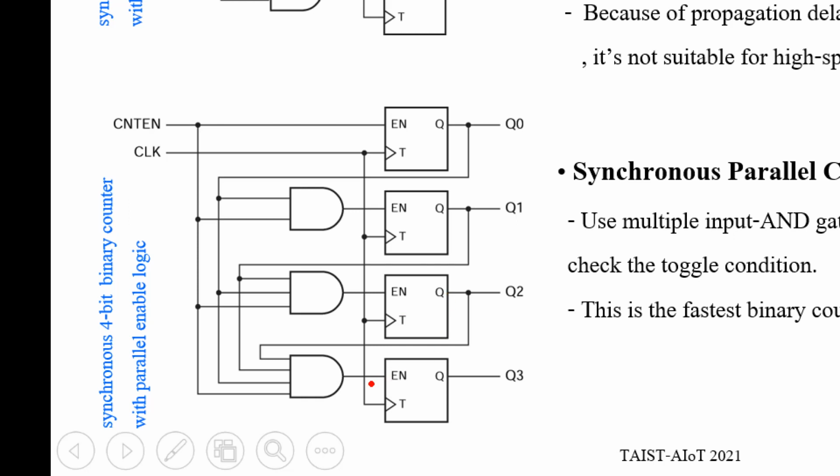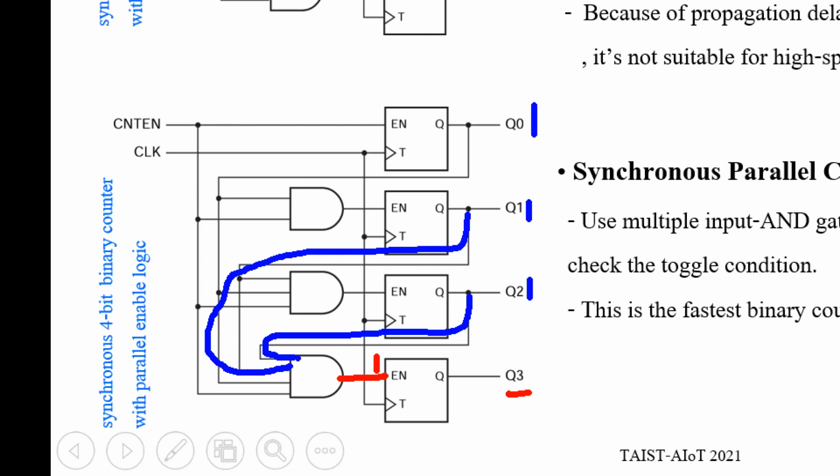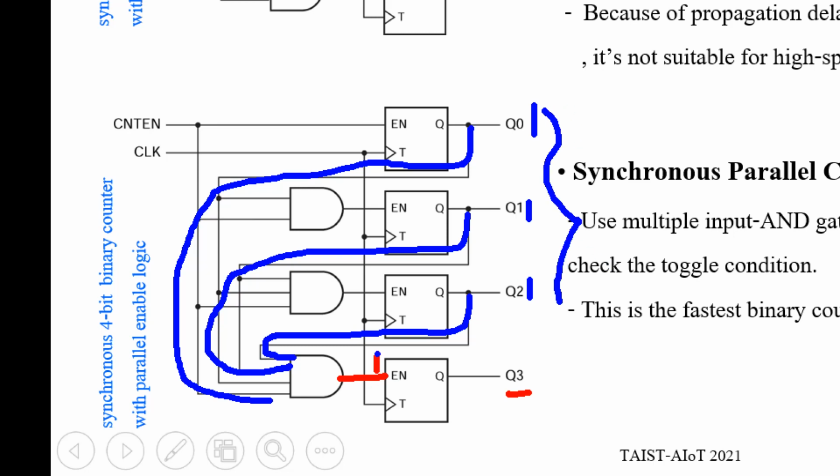For example, for this digit to toggle, enable will be 1 when the previous digits are all 1. So you just AND Q2, Q1 and Q0 together. If these three digits are 1, that means enable is 1. That means when the clock ticks, it checks the input condition, enable is 1, so it toggles at Q3.